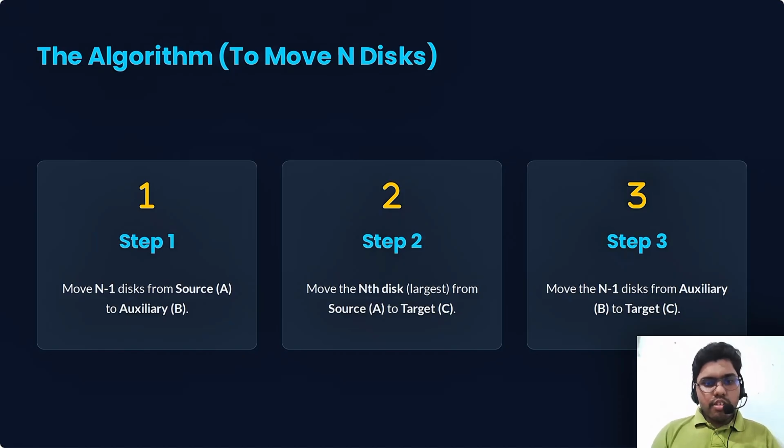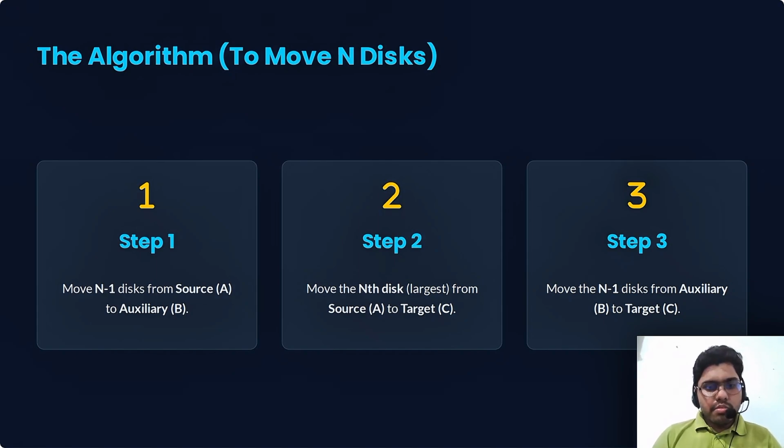The algorithm. Let's formalize this into a general algorithm to move n disks from source to target using an auxiliary peg. Step 1. Move the top n-1 disks from the source peg to the auxiliary peg.